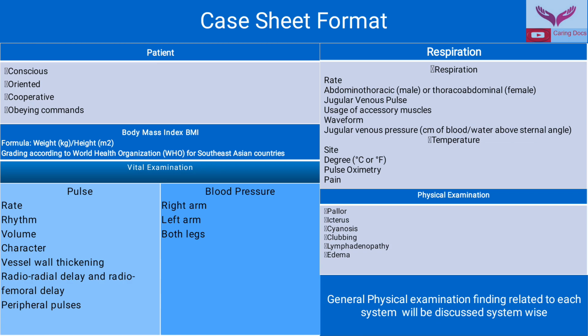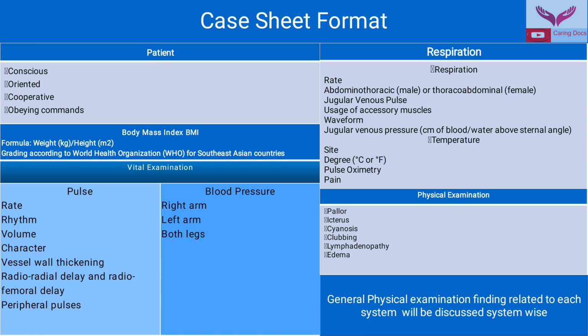Whenever we check the temperature of the patient, we have to write where we checked the temperature, that is the site, whether it is oral or taken in the armpit or axilla or rectal temperature. We have to mention it in Celsius or degree Fahrenheit. We have to check the SpO2 with pulse oximetry, and similarly if the patient has pain, we have to grade it with the visual analog scale.